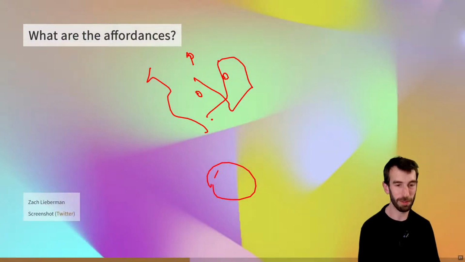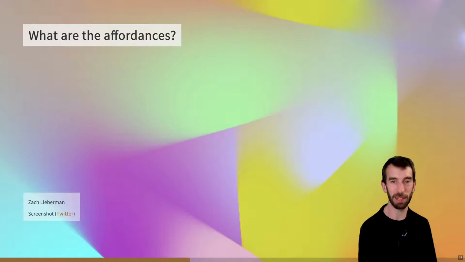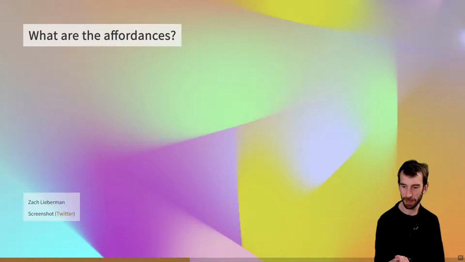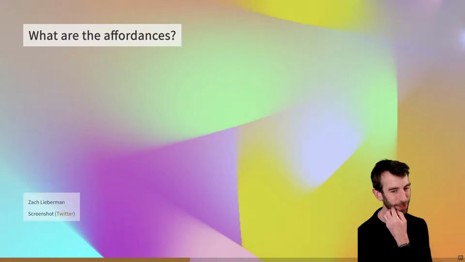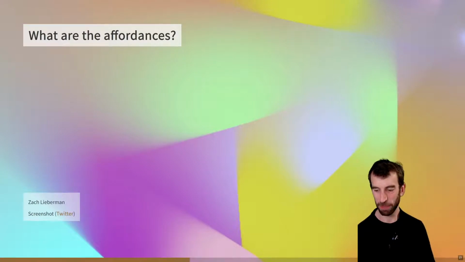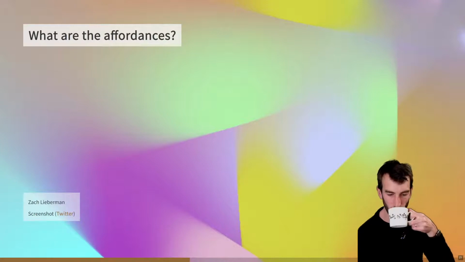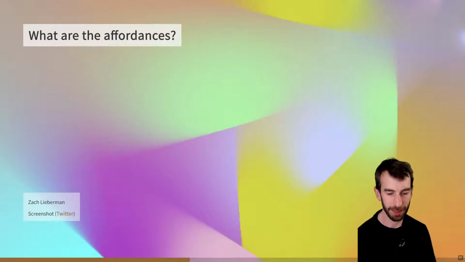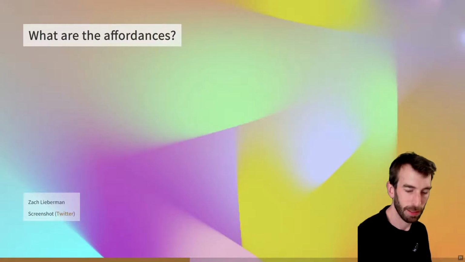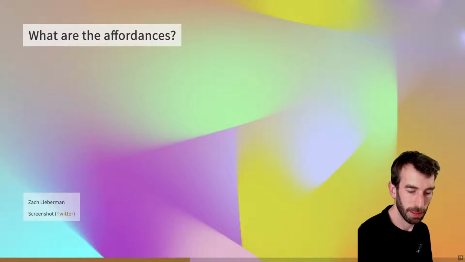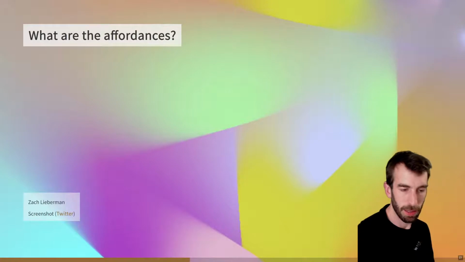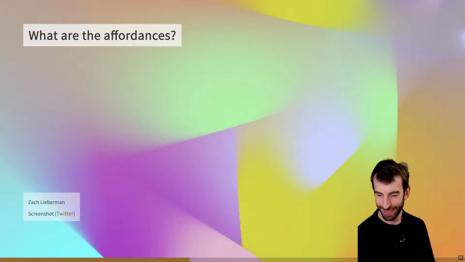What about this? What are the affordances of this? This is an artwork, another artwork by Zach Lieberman. What are the affordances of that? Imagine you see this one on a screen. Feeling calm?